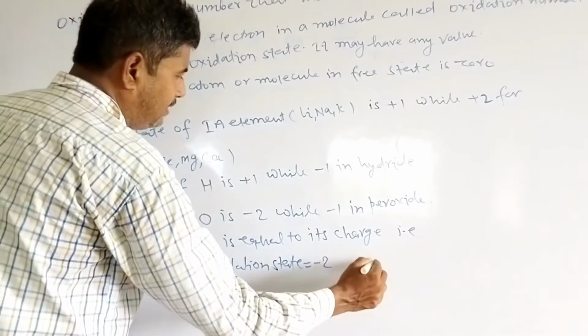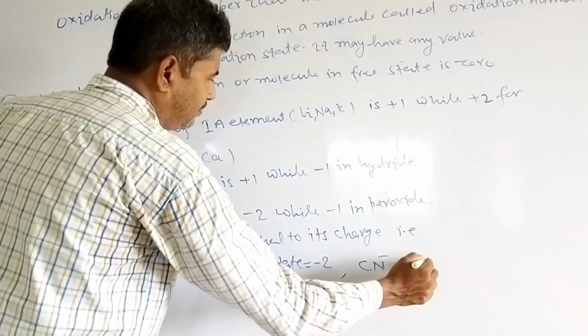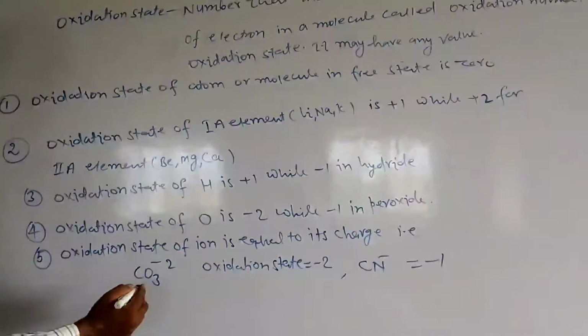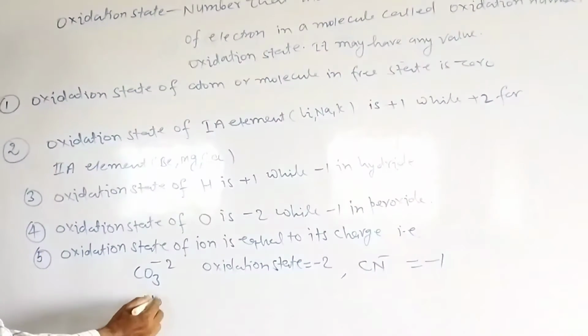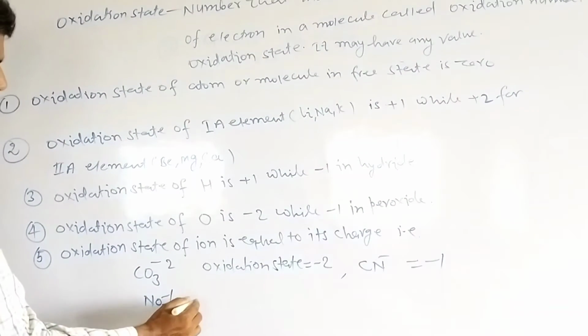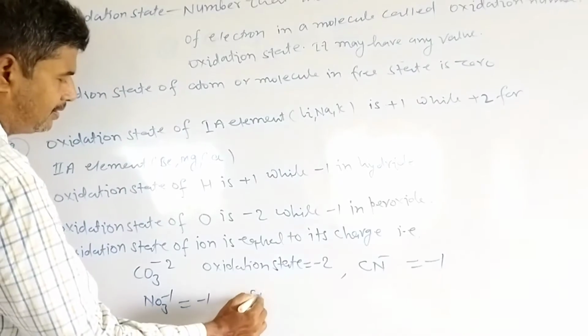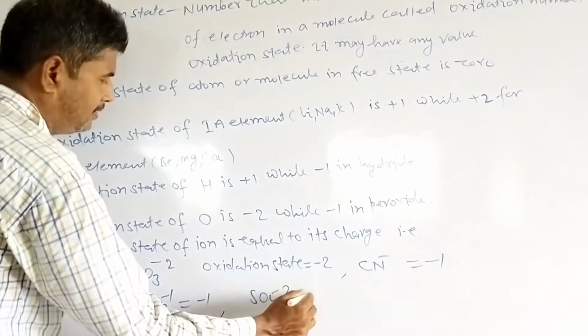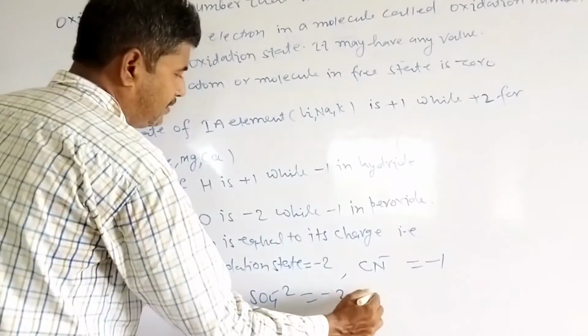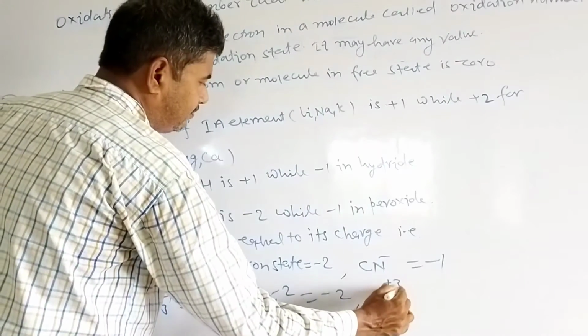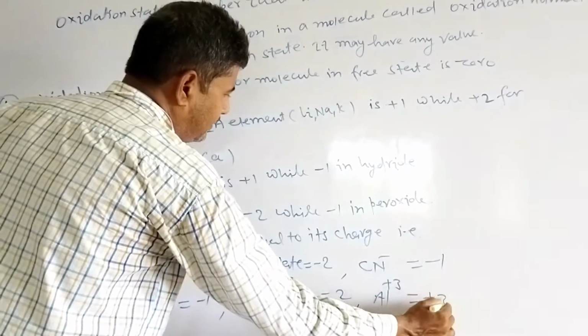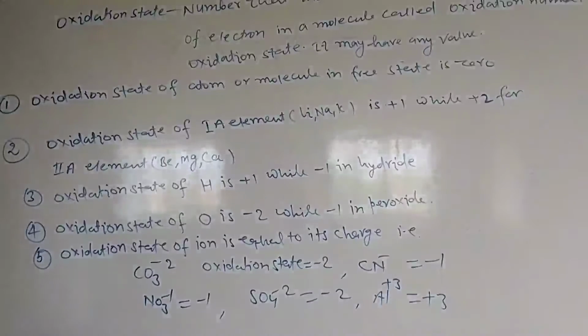For cyanide -1, for nitrate -1, for sulfate -2, for aluminum +3, and so on.